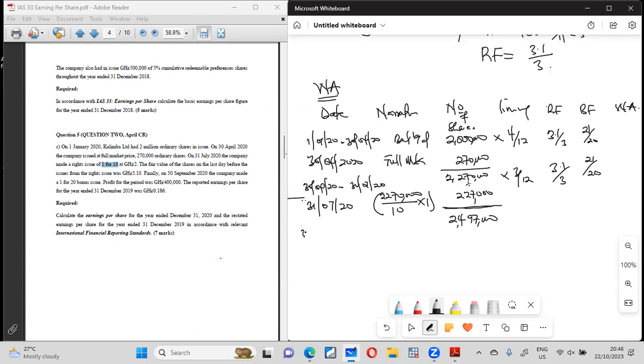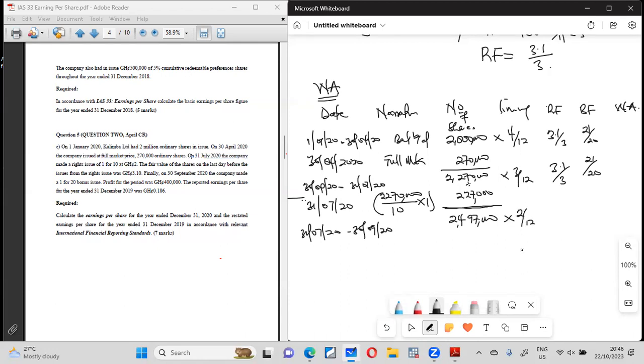So it means that this is our 31st July 2020. When was the next issue? September, right? September 2020. Now, how many months is that? So this one started on 31st July, so it will be August and 2 months. September. So 2 months. Yeah, 2 months.